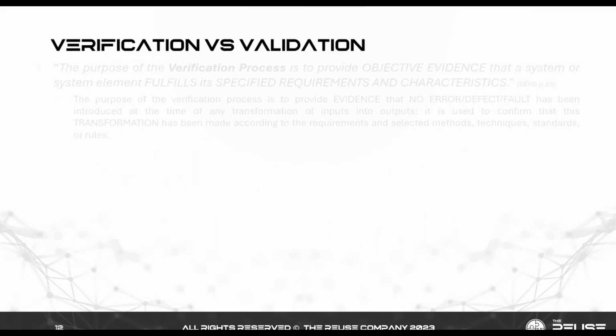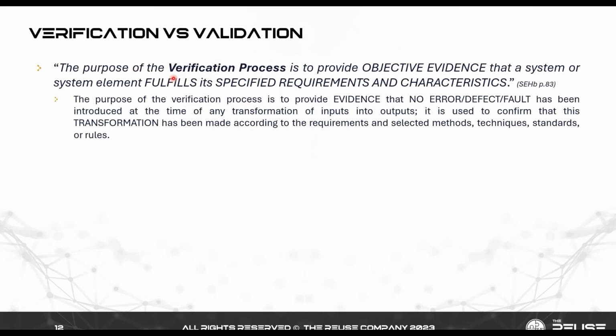Where is the difference? So we go into INCOSE, and the definition is going to be this one. The verification process is basically providing objective evidence that a system or system element, in this case I would substitute this by any systems engineering item or any engineering item itself, is fulfilling the specified requirements and characteristics.